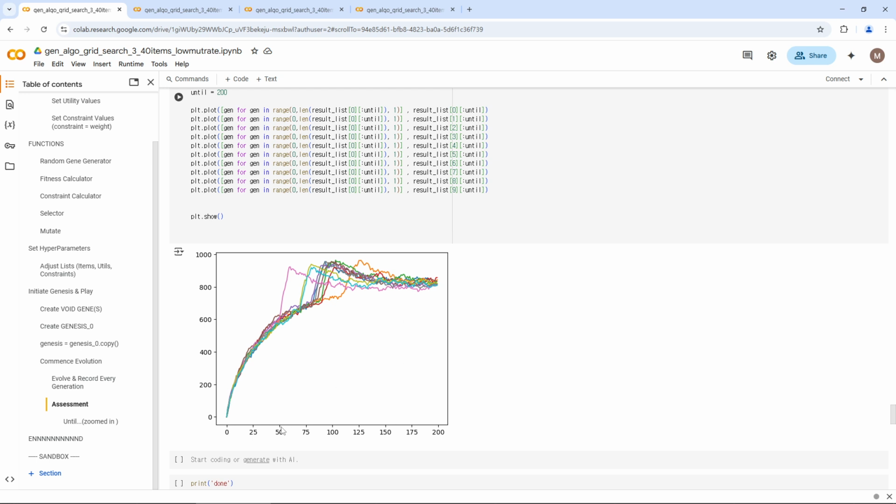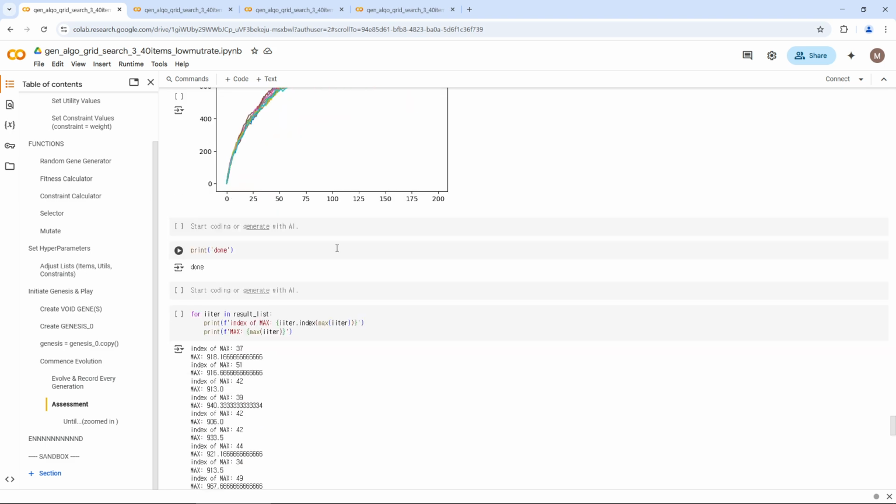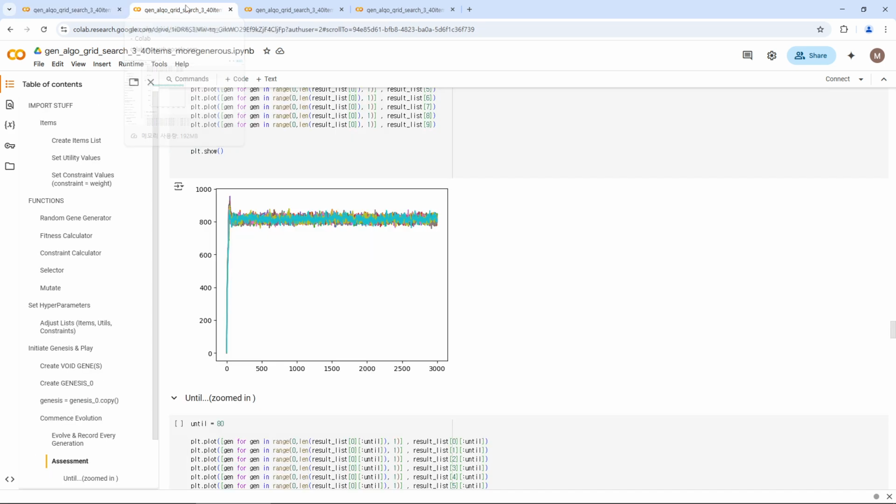Now the earliest is after 50, and the latest is at around 125. So it doesn't actually do much other than just slow down the peak time. So that's what happens with a lower mutation rate.